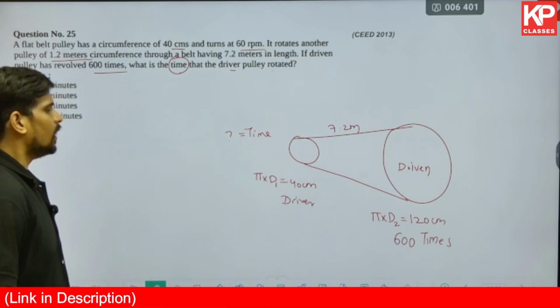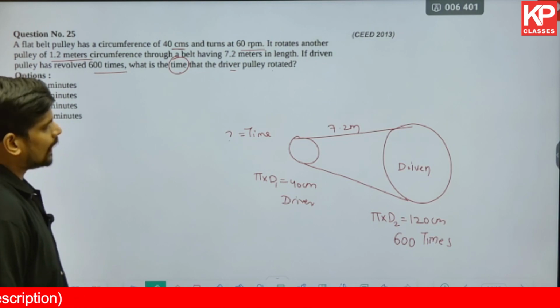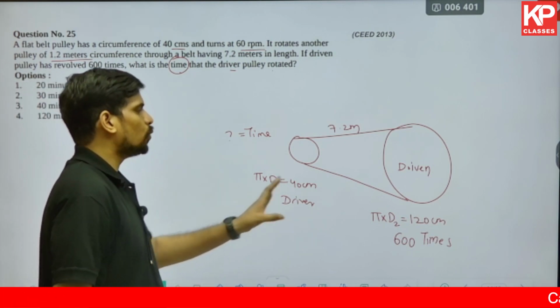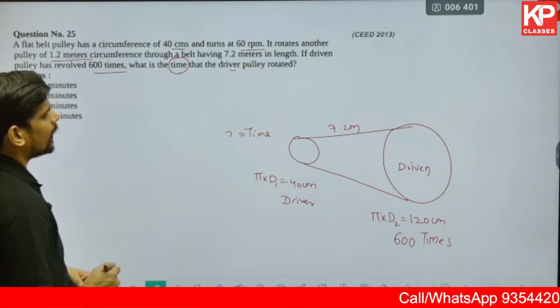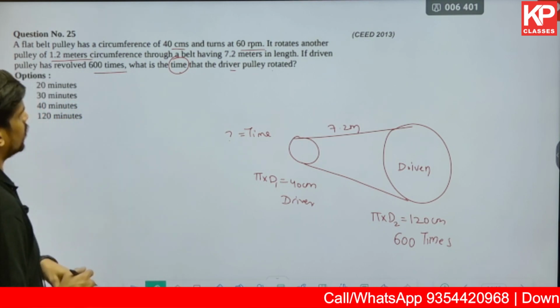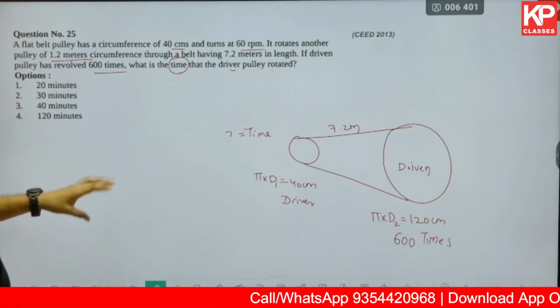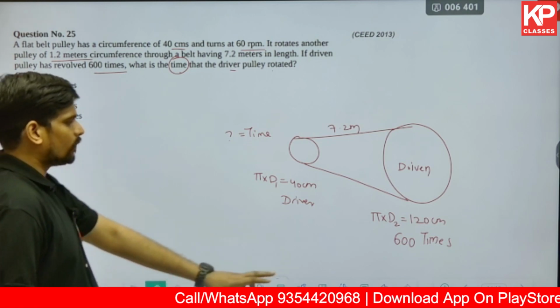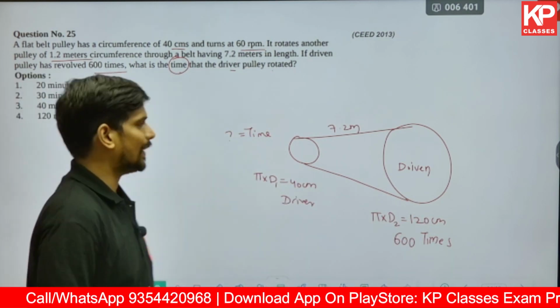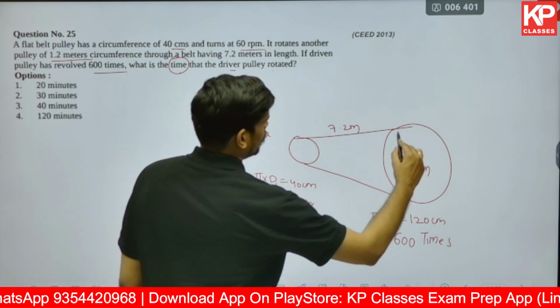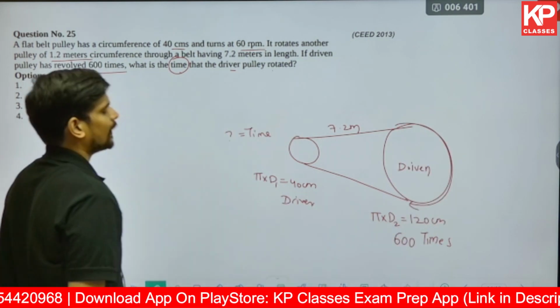That's the question. So we basically have two discs, and you know the diameter or circumference in both cases. The only information given is that the driven pulley is rotating a total of 600 times.